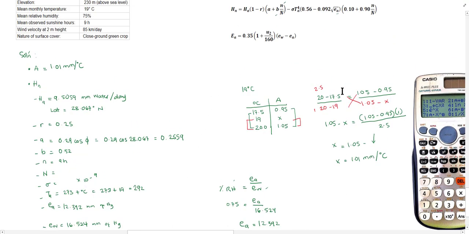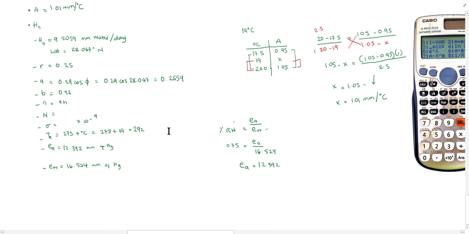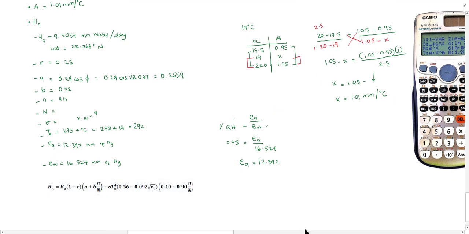Now, we solve our H sub N. Okay, so our H sub N is equal to 9.5059 times 1 minus 0.25 times our A, 0.2559, plus B nga 0.52, and then multiplied by kaning n over N, is equal to 9.